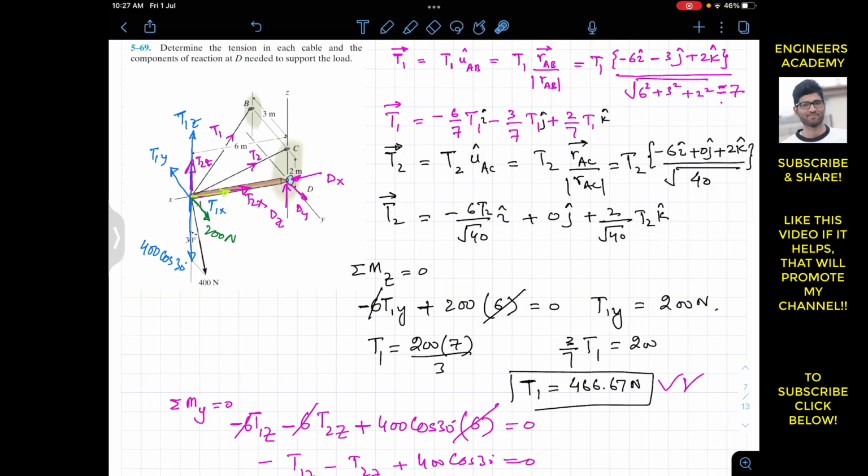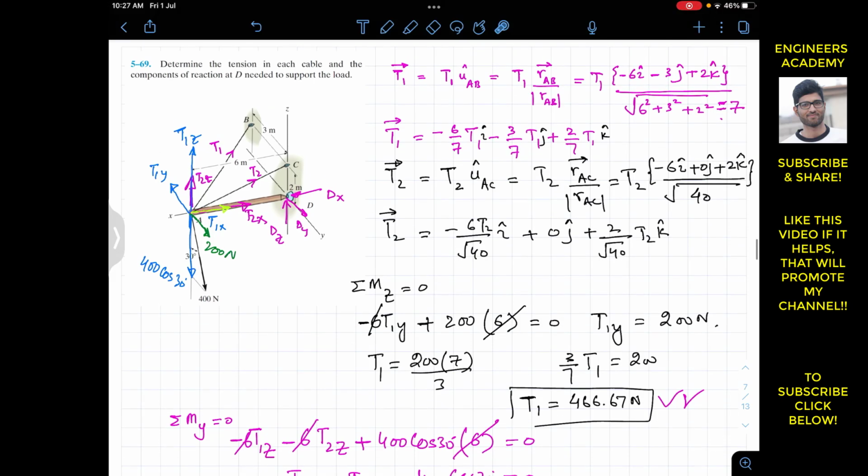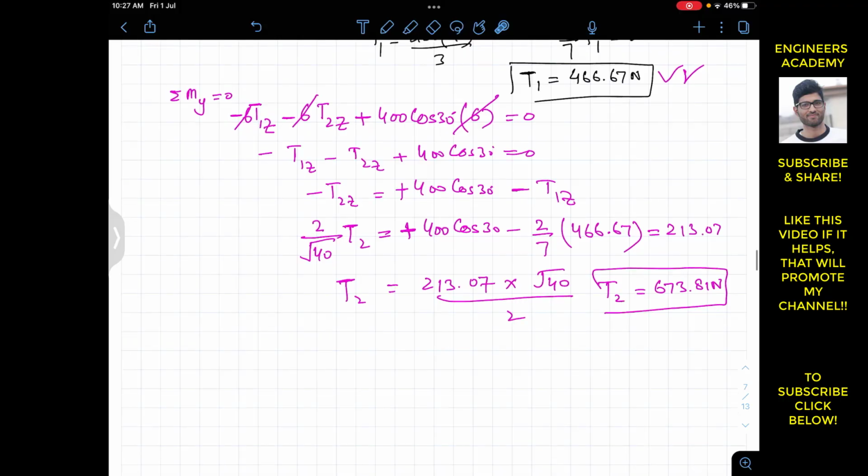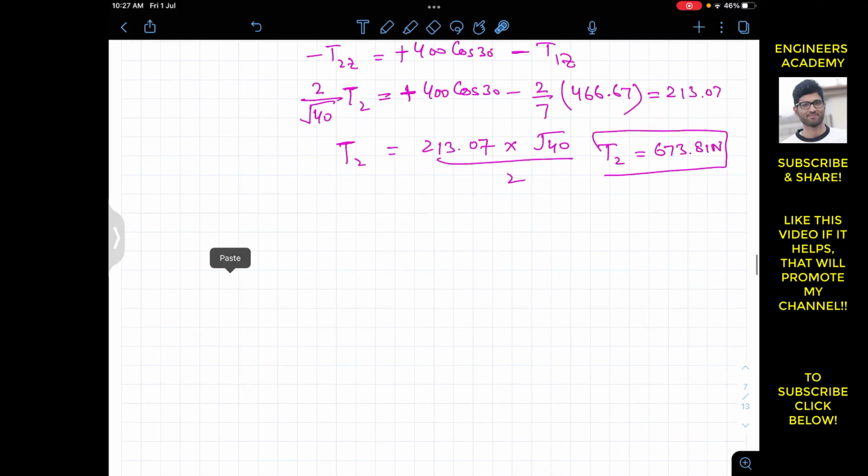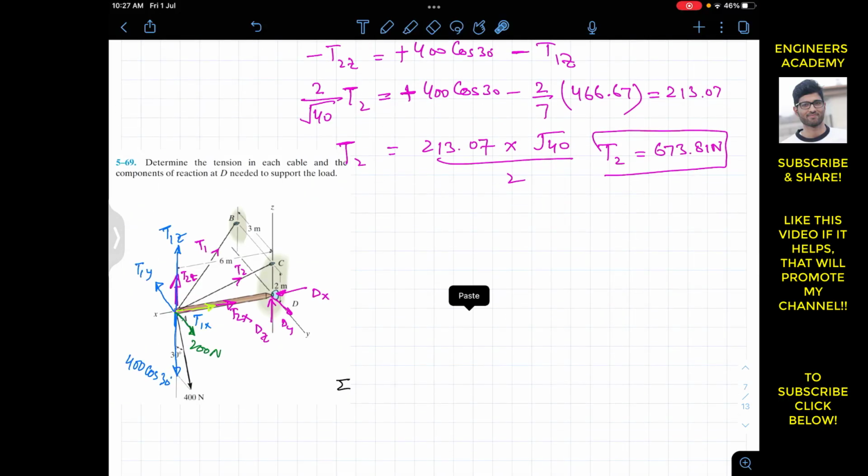Now we have to find dx, dy and dz. Once we know T1 and T2 magnitudes, we can easily find dx, dy and dz if we apply the summation of forces along x, y and z. Let me copy this photo.